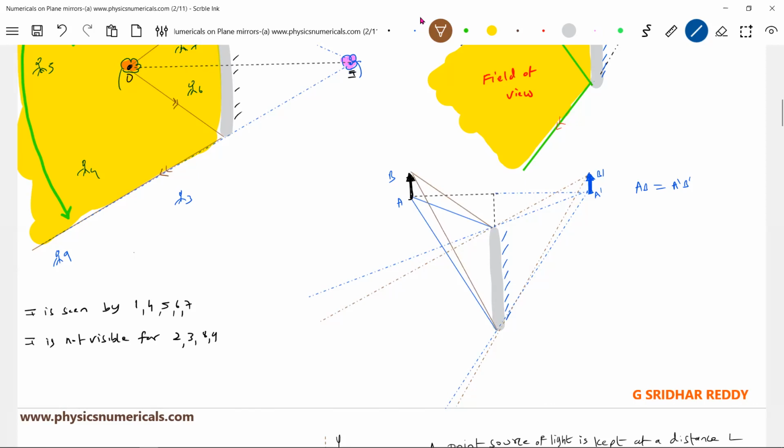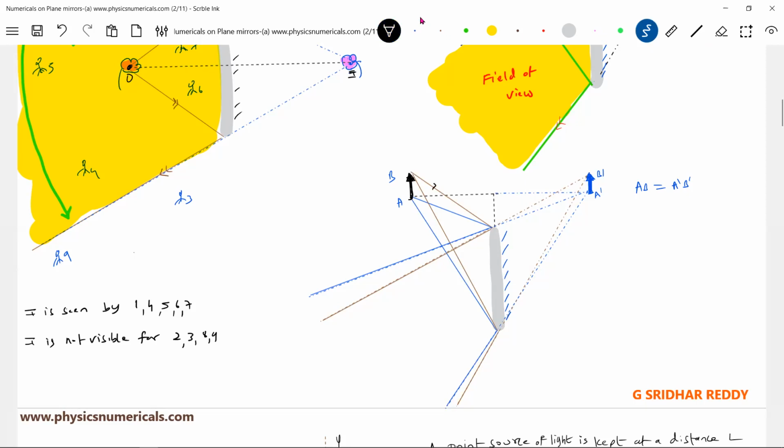Very nicely, I'm trying to, okay, this will be the, let me give the arrow.